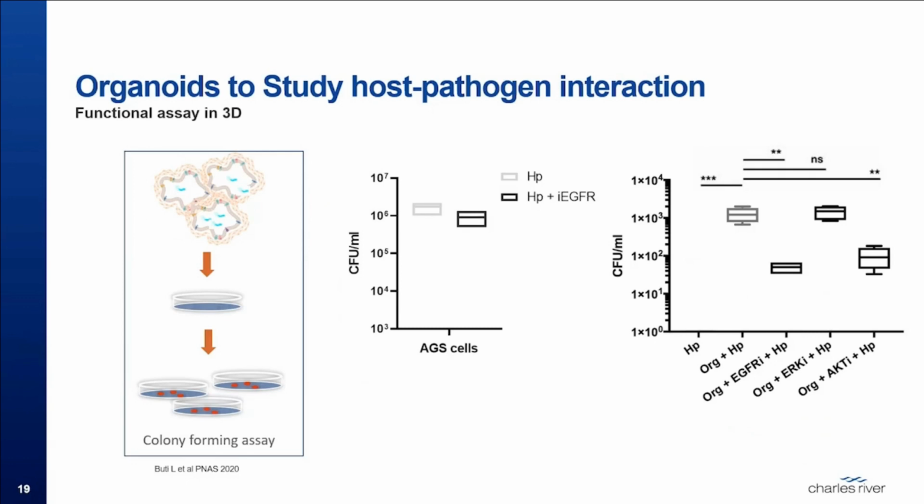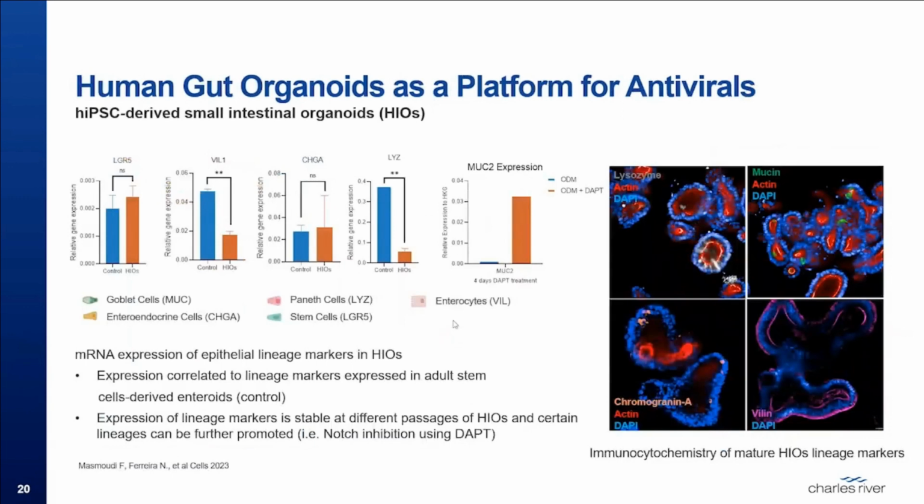This is just an example of how, when we use a more complex model, it can help us identify meaningful compounds that would otherwise have been considered false positives. Based on this result, we had the idea to extend this and use organoids as a platform for antivirals.